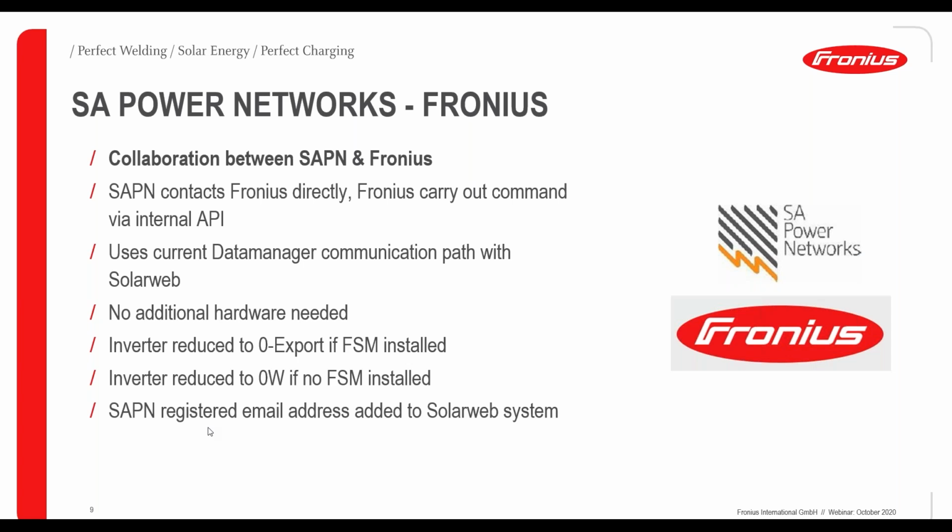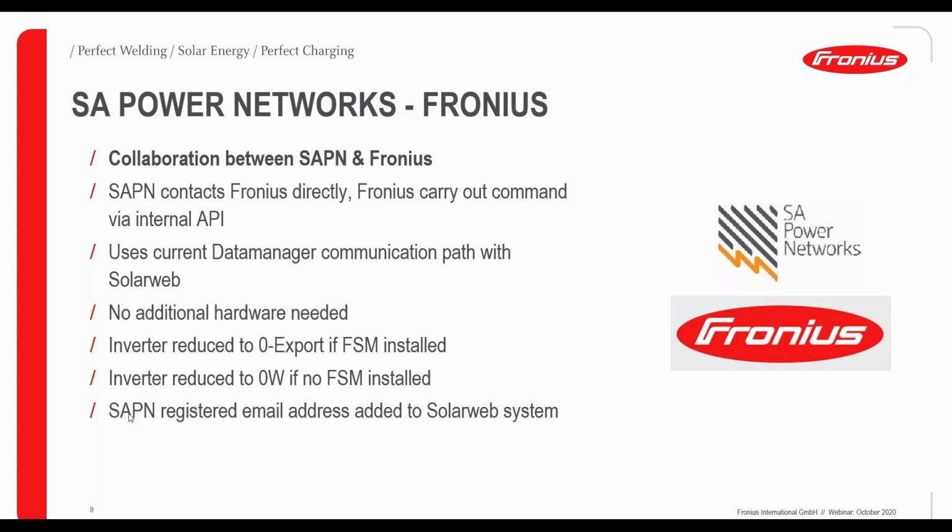When the directive has been given that you can reconnect, the inverter will be reinstated to its full output, or if it was previously export limited, let's say you've got a Primo 8.2 export limited to 5 kilowatts, then after the 0 export, that 5 kilowatt limit will be reinstated. So it'll work as it did before.